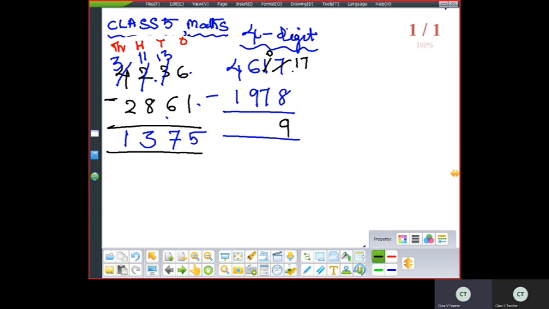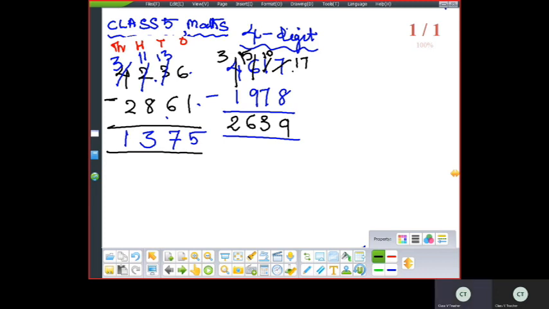Again, 0 will not go in 7, so 0 will become 10 and 6 will become 5. 10 minus 7 is 3. Again, in the 100s place, 5 will not go in 9, so 5 becomes 15 and 4 becomes 3. 15 minus 9 is 6. 3 minus 1 is 2.